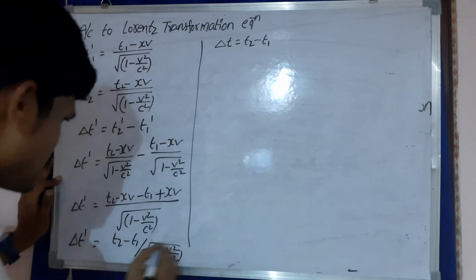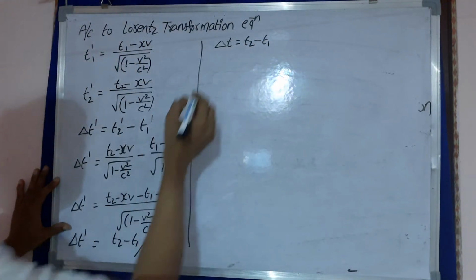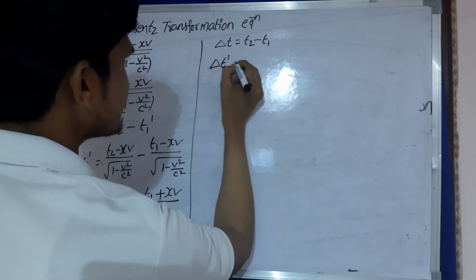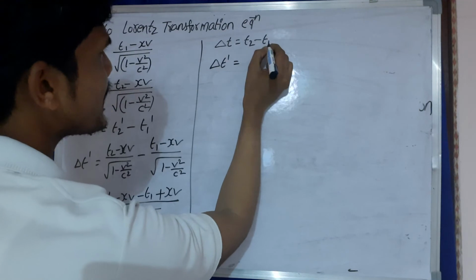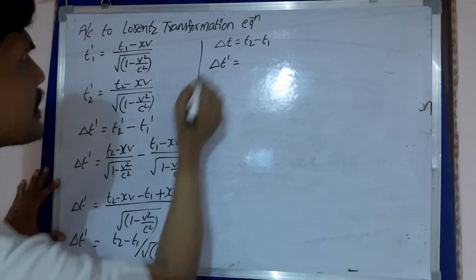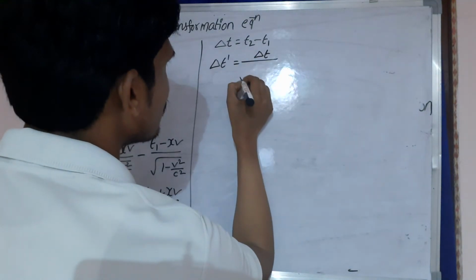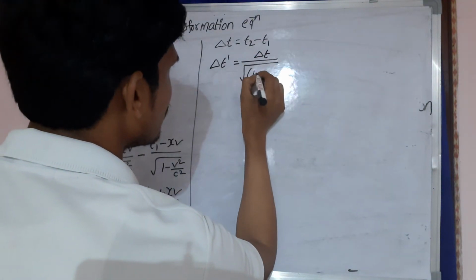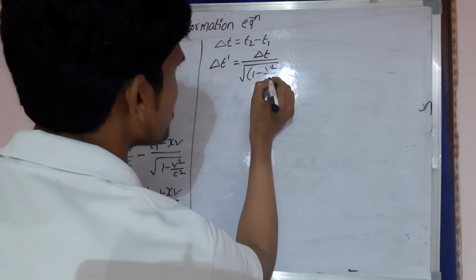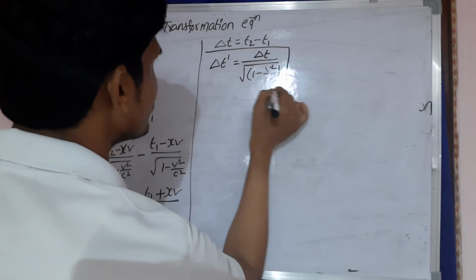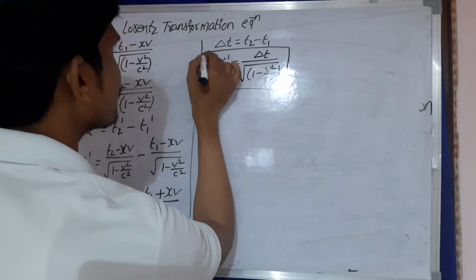Substituting this in the above equation, delta t dash equals delta t by root over 1 minus v square by c square. This is the equation of time dilation.